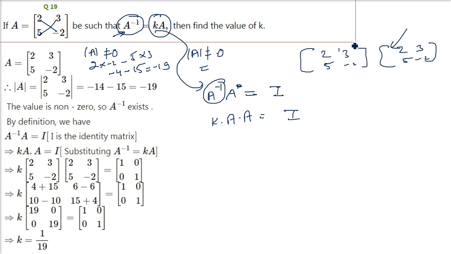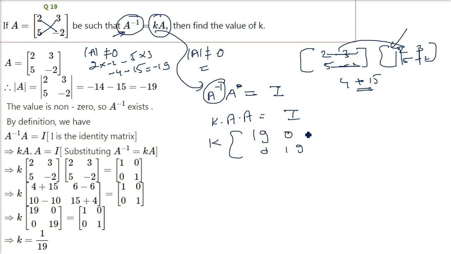So when you multiply these two matrices, let me directly write the answer. I'm not going to do this because it's simple, 2 by 2 matrix multiplication you might have done a million times now. So K into A square, I'm writing as 19, 0, 0, 19, and this is equal to the identity matrix 1, 0, 0, 1.